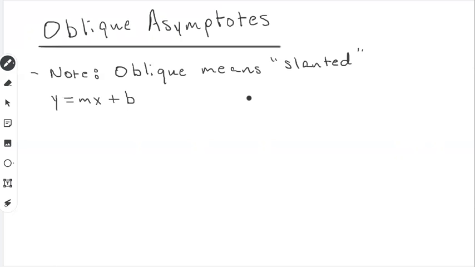So m is going to stand for the slope, and b is going to stand for the y-intercept. Okay? Now, oblique just means slanted, and slanted really just means this line is going to have some slope to it. It's not going to be a vertical line. It's not going to be a horizontal line either. It's actually going to be a line that has a slope to it. So let's talk about it.